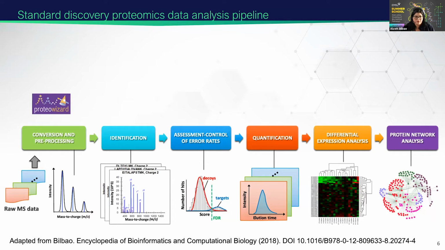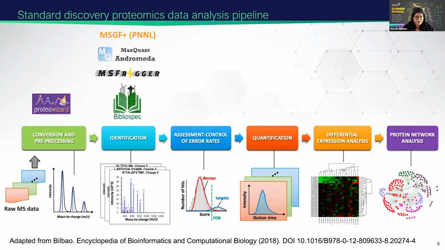And typically we perform at least some signal processing, for example, centroiding, because the raw spectra is acquired in profile mode, especially from high resolution instruments analyzing intact molecules. Then we apply some centroiding algorithms.